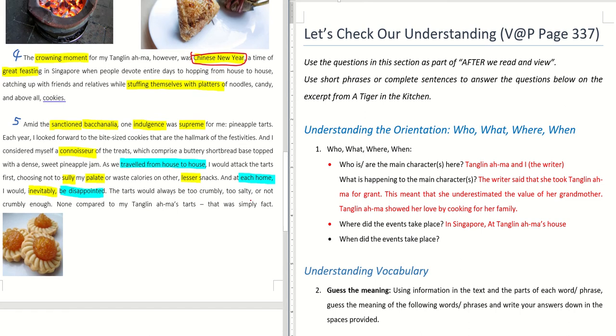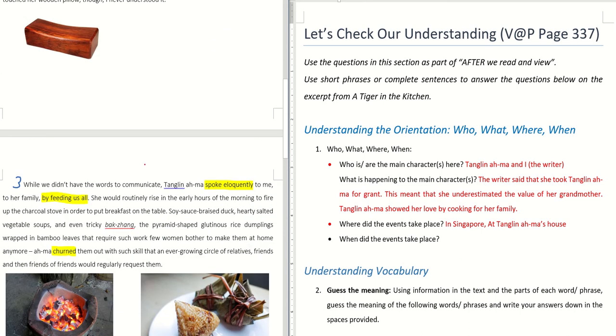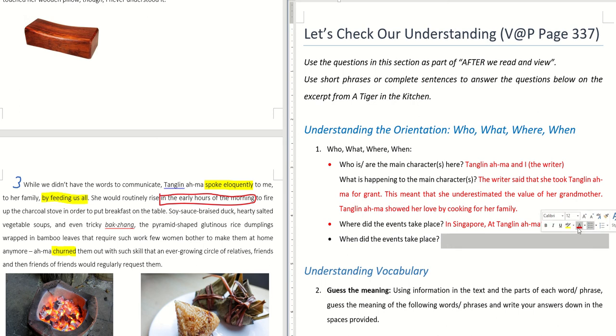And what did she do? In the mornings, she will cook for the family. So when did it take place? During Chinese New Year, early hours in the morning.